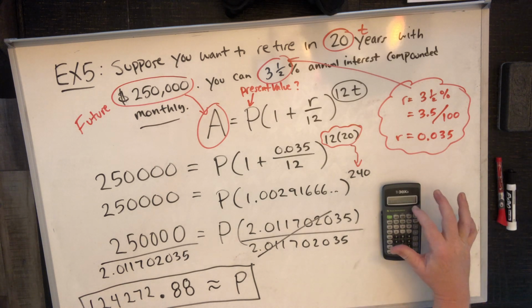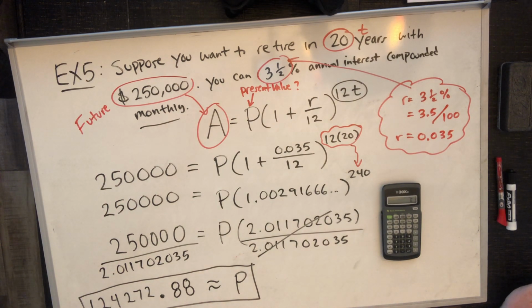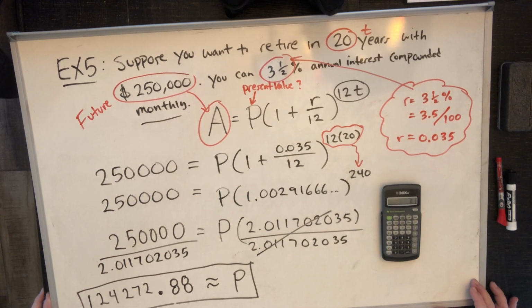So that actually brings us to the next question. We've essentially doubled our money. Our original principal over a period of 20 years has essentially doubled.